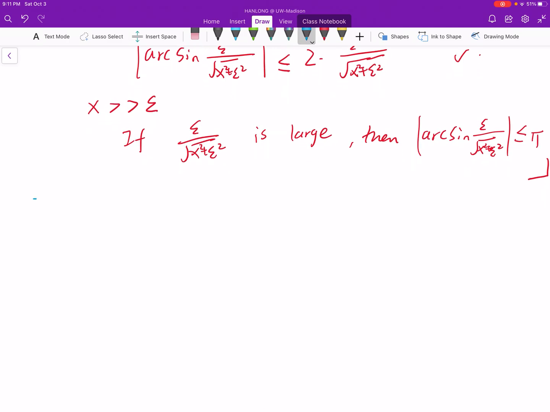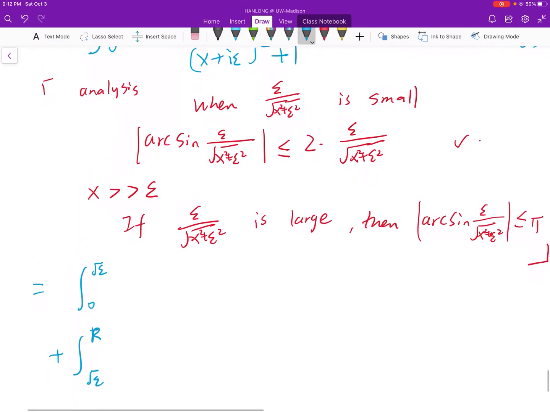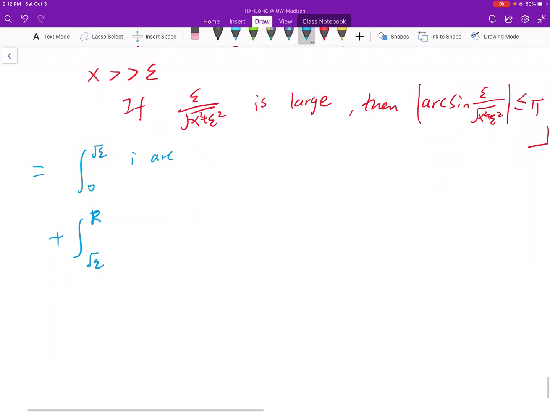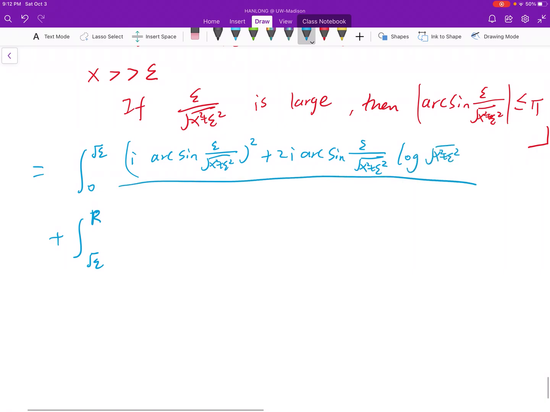So that motivates us to take the cut at square root epsilon: from 0 to square root epsilon, and then square root epsilon to R, and the integrand is the same, I arc sine epsilon divided by square root x squared plus epsilon squared, plus 2I arc sine epsilon over square root x squared plus epsilon squared, log square root x squared plus epsilon squared, divided by x plus I epsilon squared plus 1 dx.